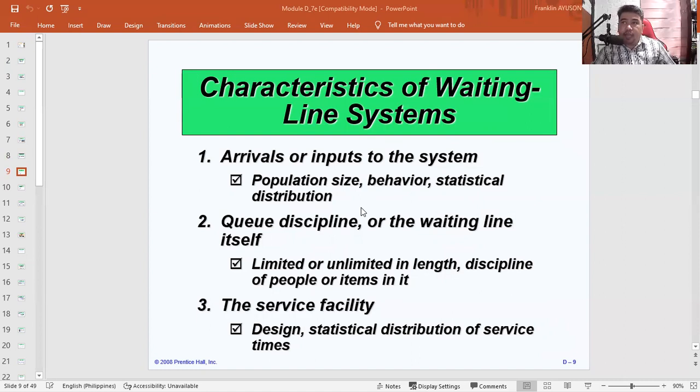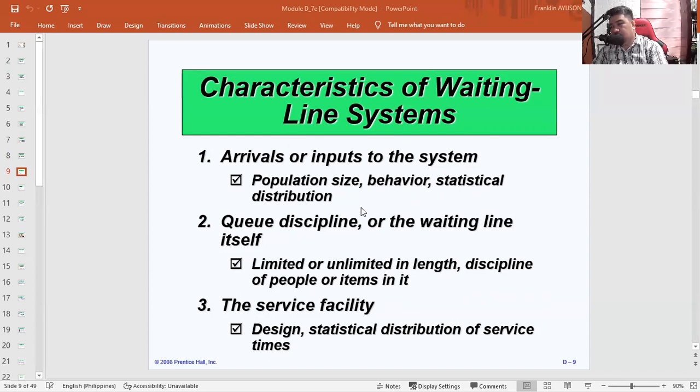For example, the number of cars arriving at a particular car wash would be a population size in a particular location. Pero yung behavior, it depends whether or not the owners of the vehicle would behave to, let's say, have their car washed.